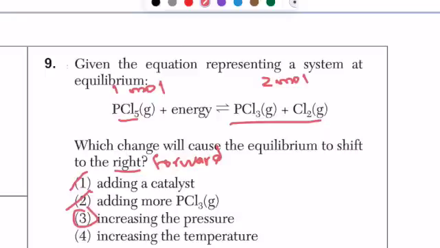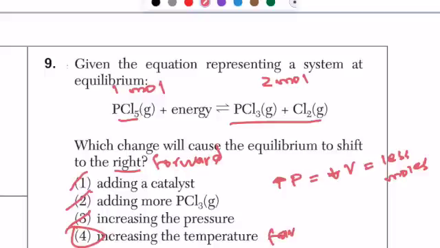Sorry, my bad. When you increase the pressure, the reaction shifts towards less moles because now you have less space. So increasing the pressure means less volume, so that means it shifts towards less moles. So your option is not 3, it's going to be 4. Because when you increase the temperature, that favors the endothermic reaction.